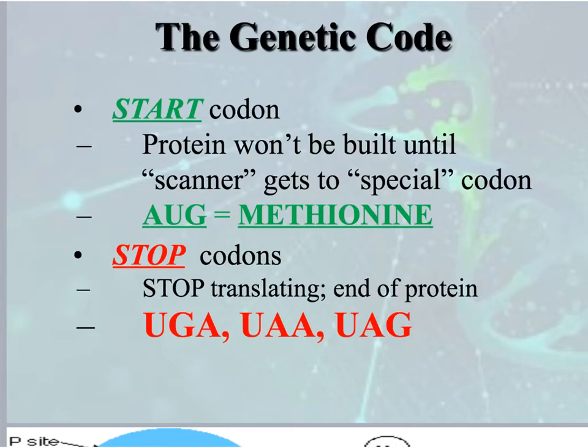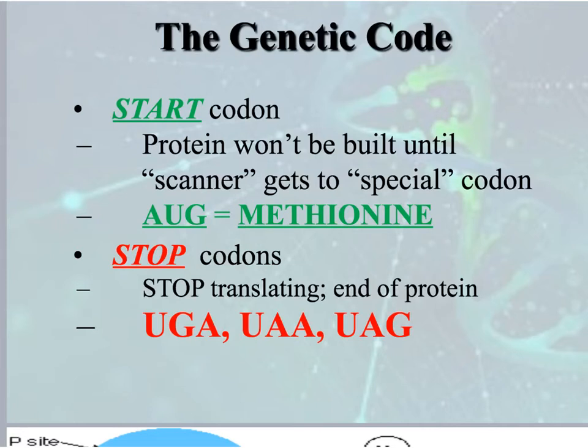Let's go back here. All right, so let's look at the ribosome as a scanner. My messenger RNA will get placed on the ribosome, and the scanner will go until it reaches AUG. AUG actually codes for an amino acid, methionine. It's always the first amino acid in every protein.